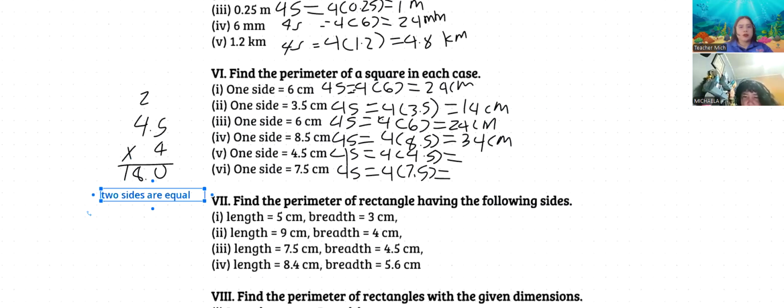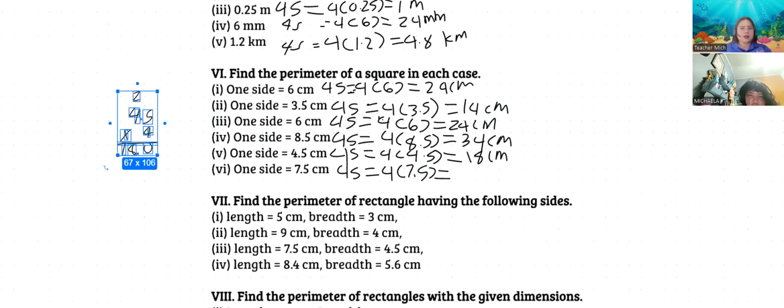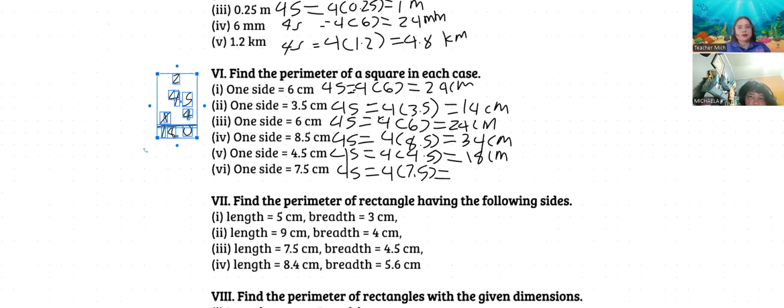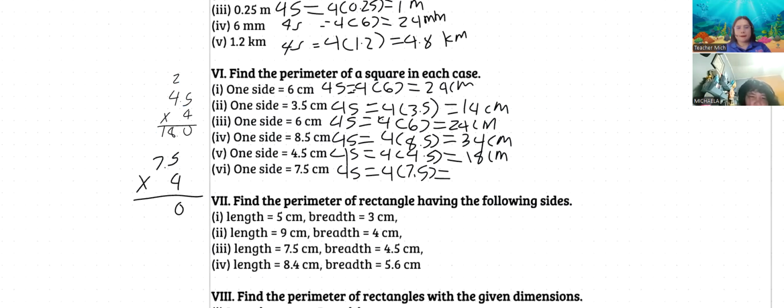Okay. How about if it is Roman numeral number 6? Okay, very good. So anak, do you have any question?